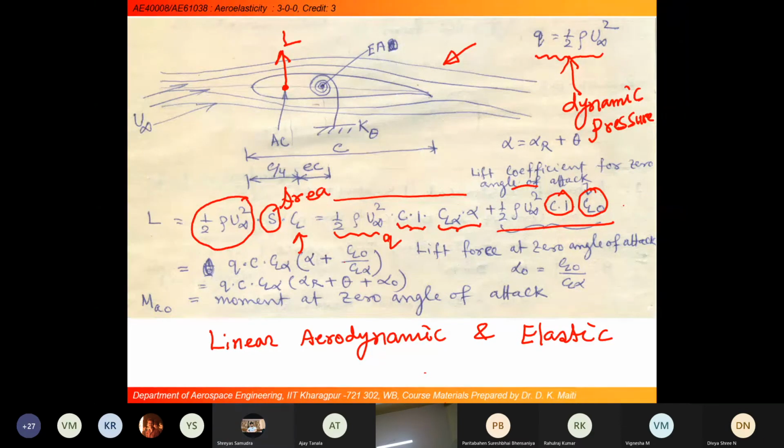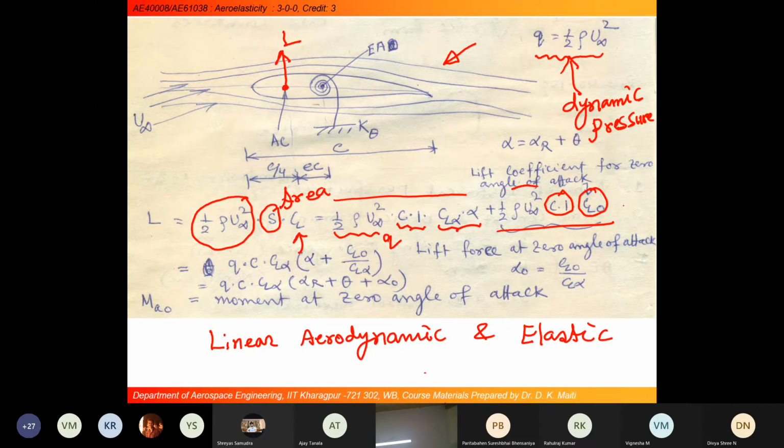Here I am saying another thing. This lift force at zero angle of attack, that I am converting into alpha naught, that is the equivalent angle of attack, and this alpha, whatever I am saying, this alpha is the angle of attack. In this, two components will be there.